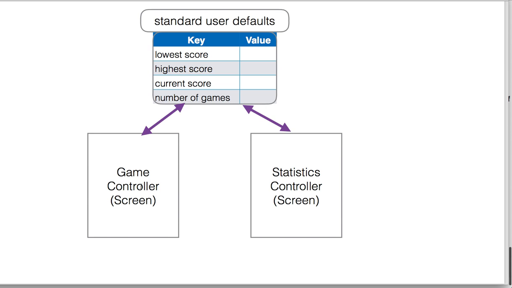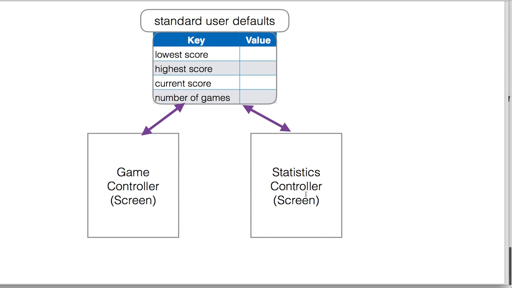So if the game controller accesses the standard UserDefaults and puts the data in it, it will stay in the standard UserDefault. At a later time, or whenever you need to display it, you go to the stats screen, and the stats screen then accesses the same standard UserDefault and downloads the data from there.